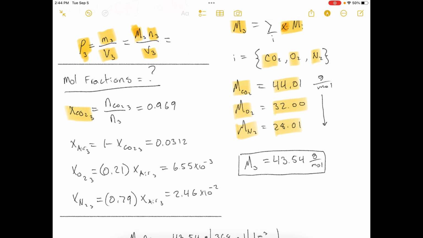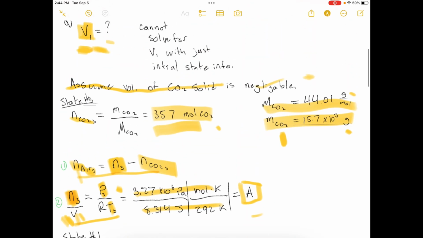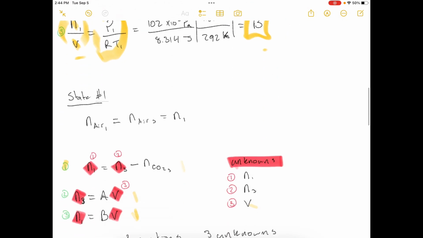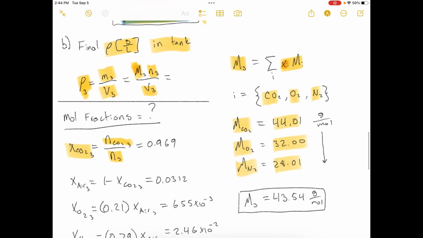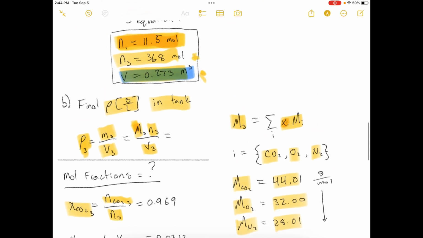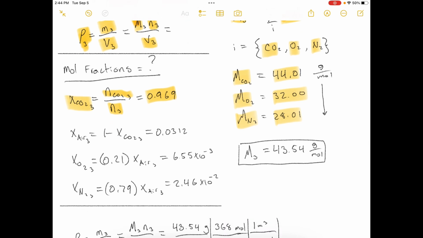Mole fraction of carbon dioxide is the number of moles of carbon dioxide, which we do know from earlier, per N3. We know N3 because we solved for it here. Then we need to know what the molar mass of air is.